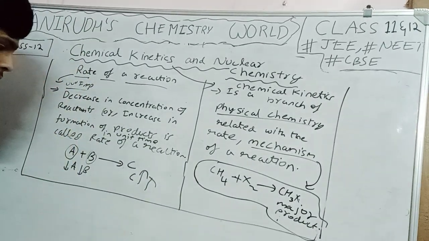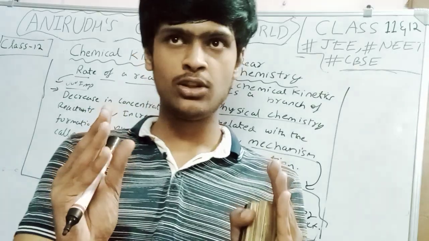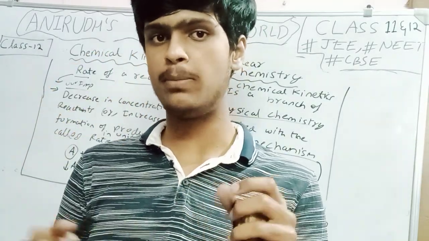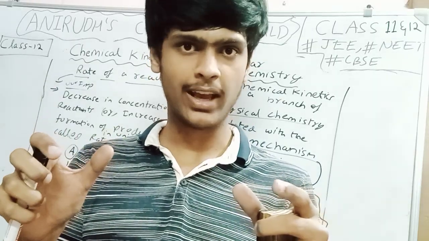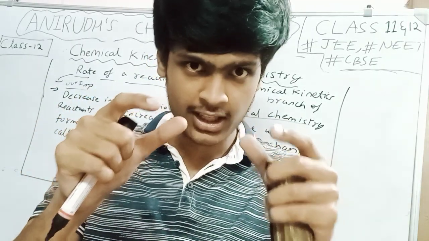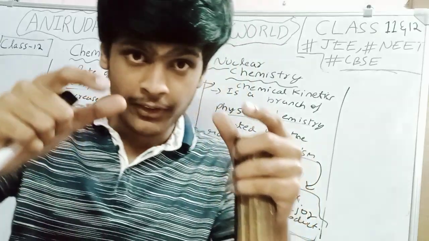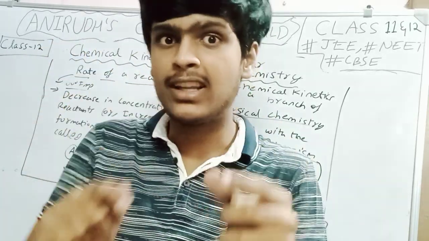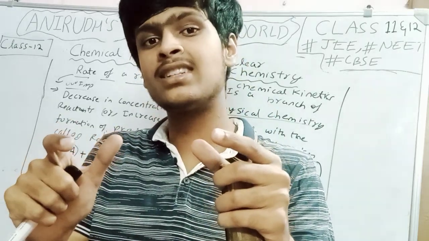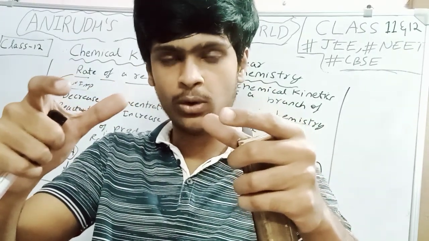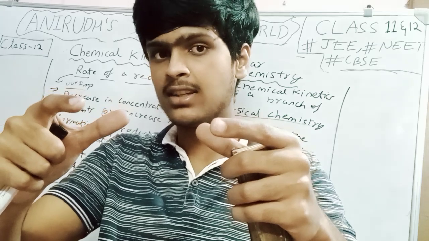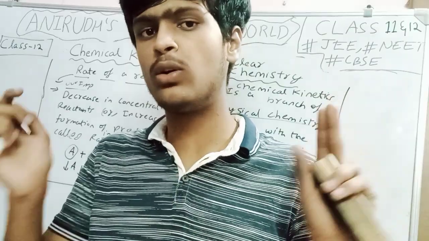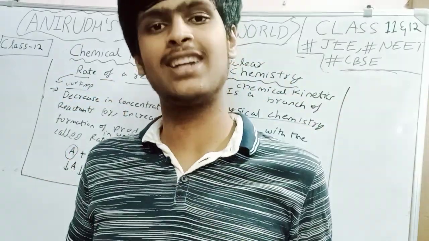Suppose you have two beakers, A and B, filled with reactants. In the initial state, before combining them, what is the concentration of reactants? The full amount of reactants is there. Zero product is there and 100% reactants are there.